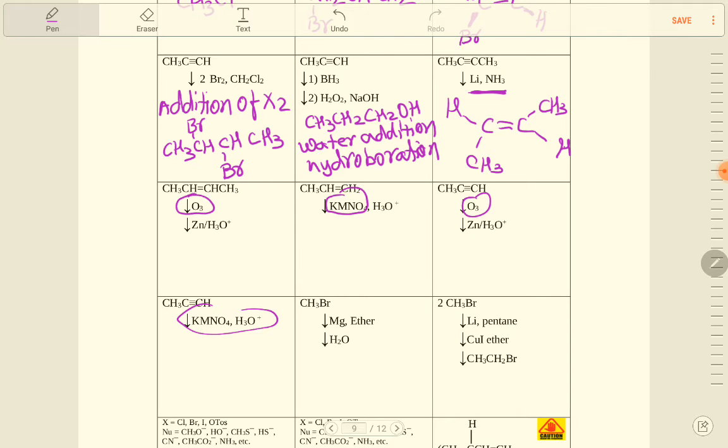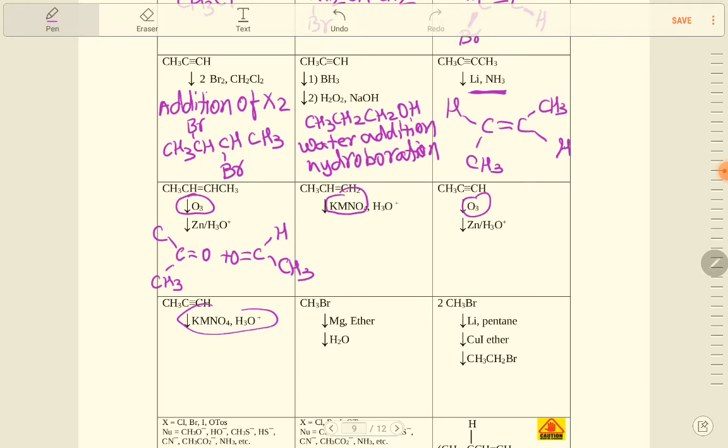So let's see, whenever this oxidative cleavage, in that one you should get C double bond O, and the other product is C double bond O H CH3. So that is oxidative cleavage.